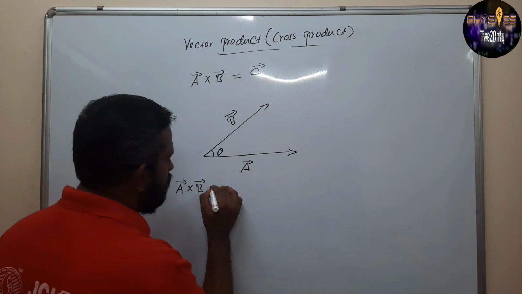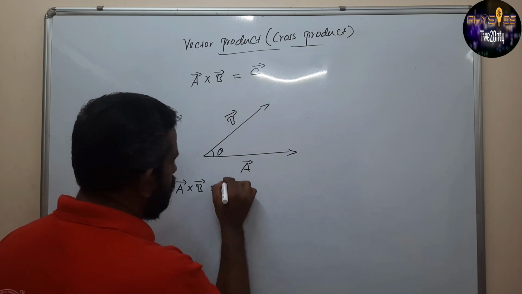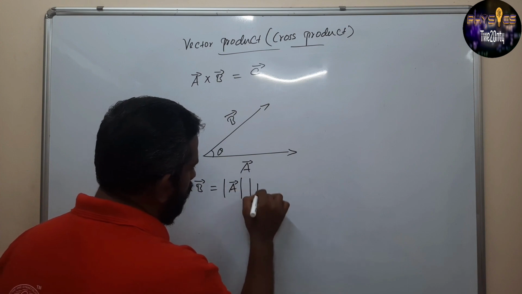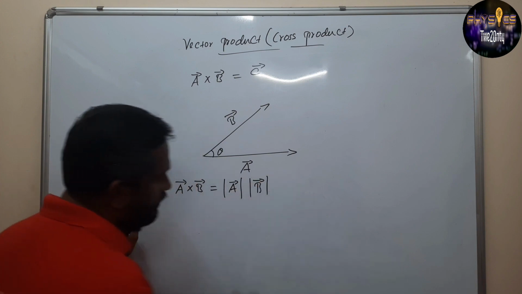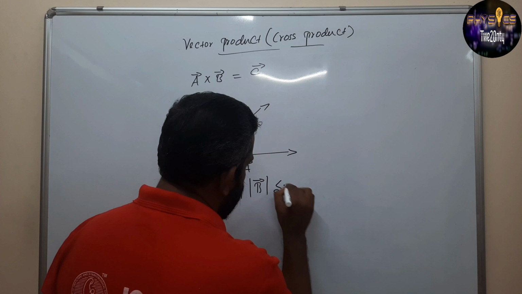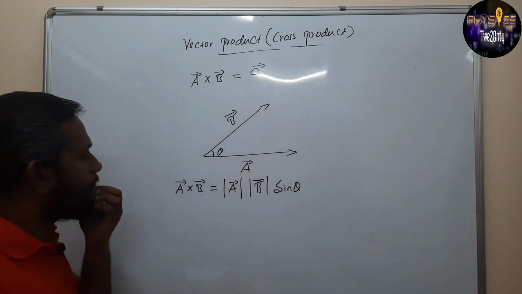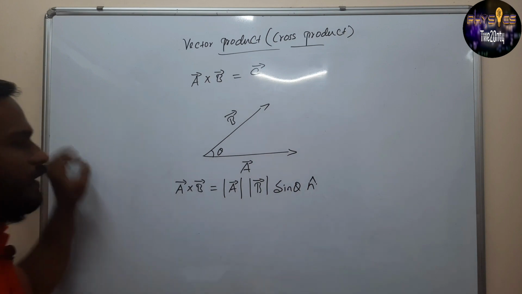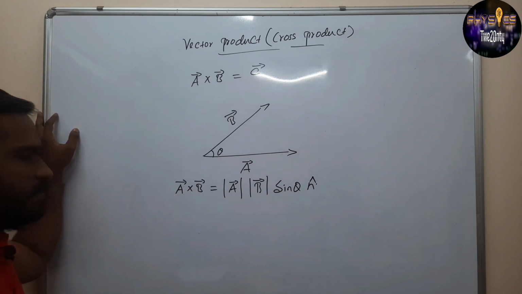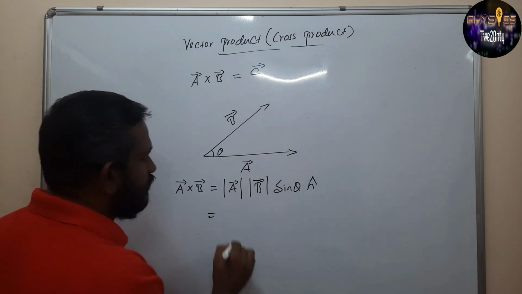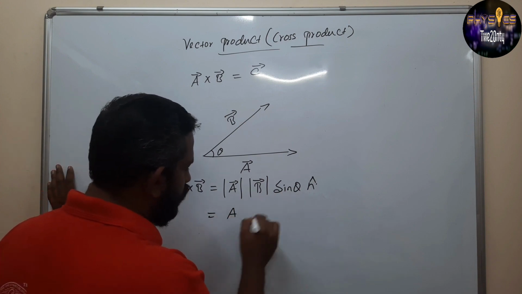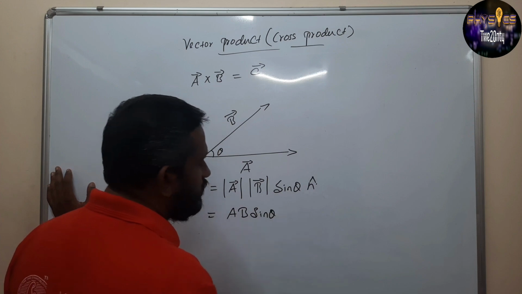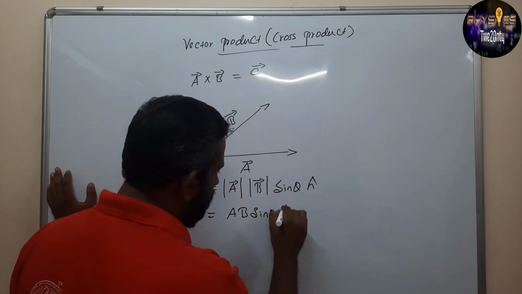So A vector cross B vector is equal to modulus of A vector, modulus of B vector, into sine theta, into n cap. What is modulus of A vector? That is A. What is modulus of B vector? That is B. So AB sine theta n cap.